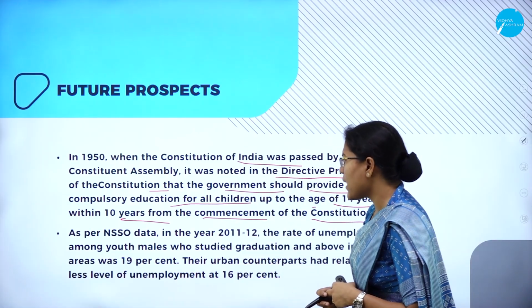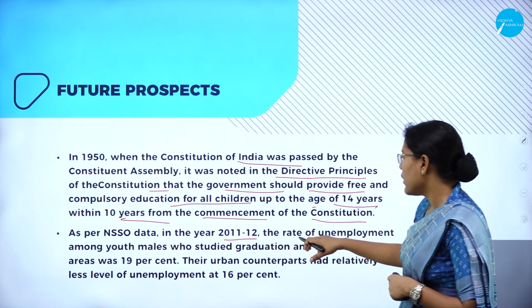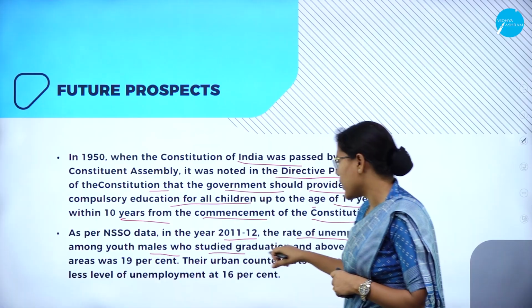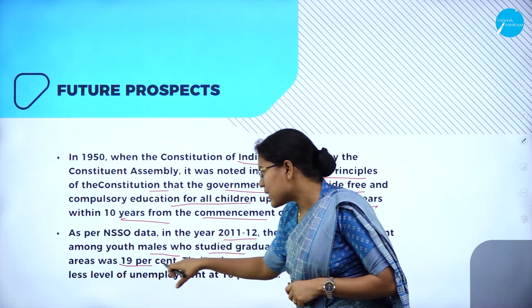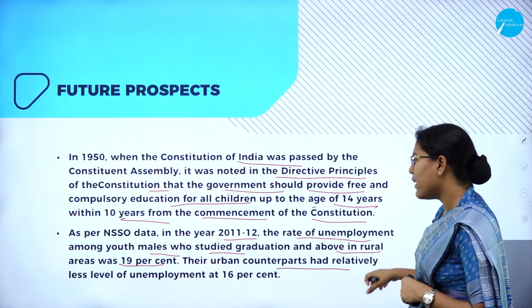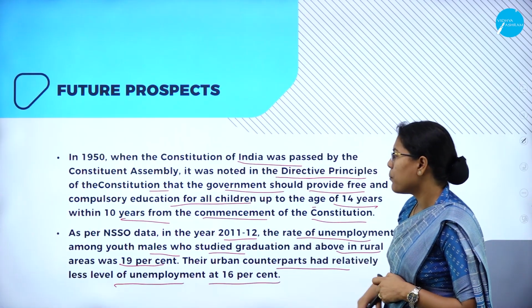And not only that, as per NSSO data for 2011 and 12, the unemployment rate among young males who studied graduation and above in rural areas was 19%, while their urban counterparts had a relatively lower level of unemployment at 16%.